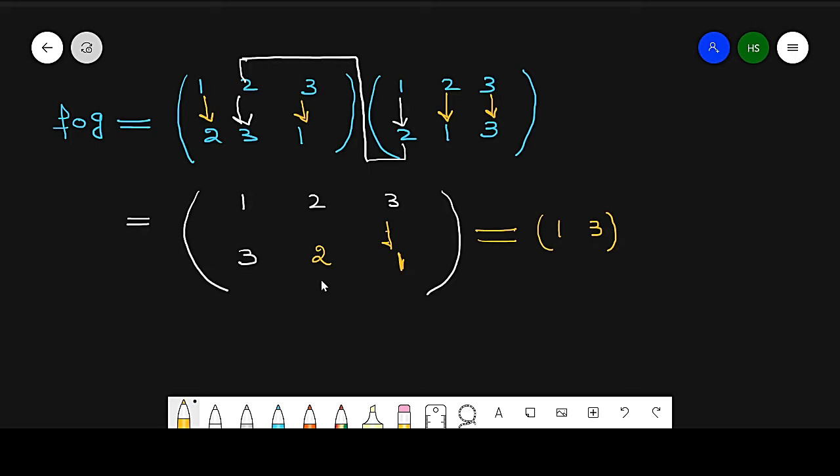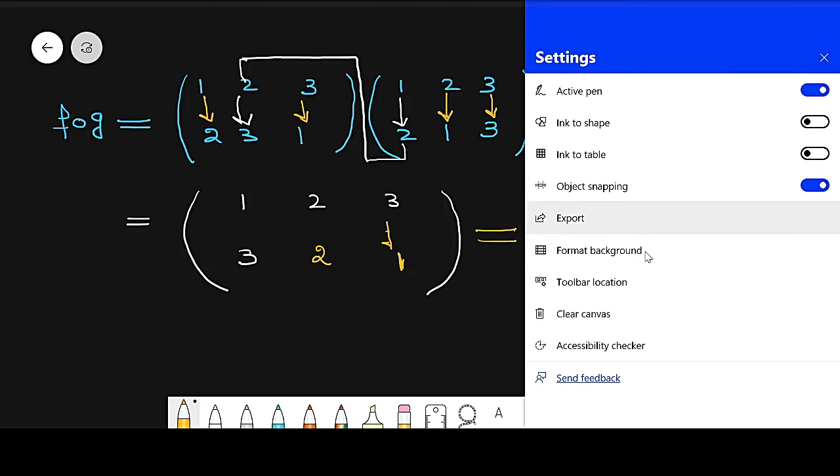Now 2 goes to 2, which acts as identity. So this permutation can be written in the form of a cycle, in this way. So this is called the cycle of a permutation.